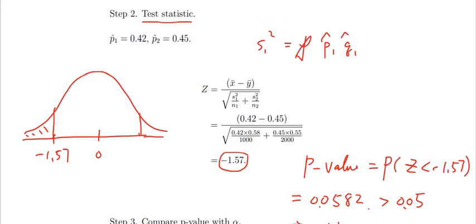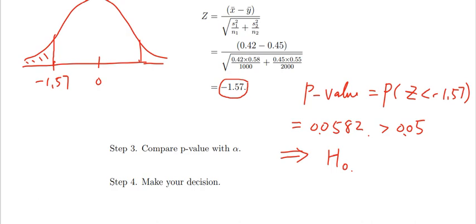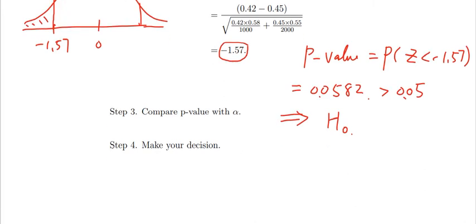The other way is to determine whether 1.57 is a big number or a small number. To determine this, we find the z critical value.